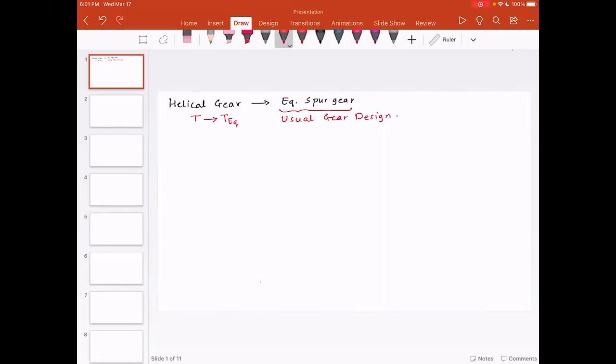And I gave the procedure, but just to remind ourselves, I will quickly write down the design procedure for the helical gear.